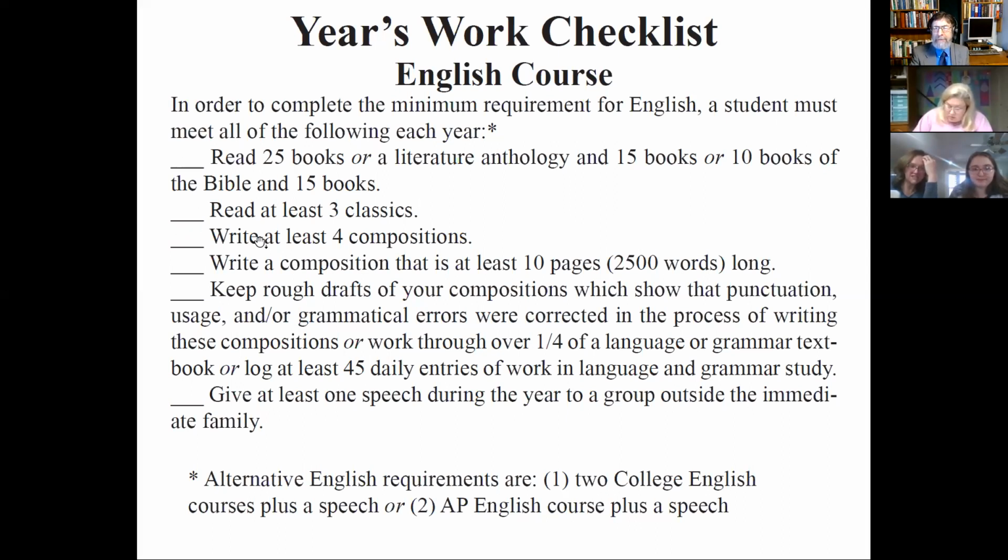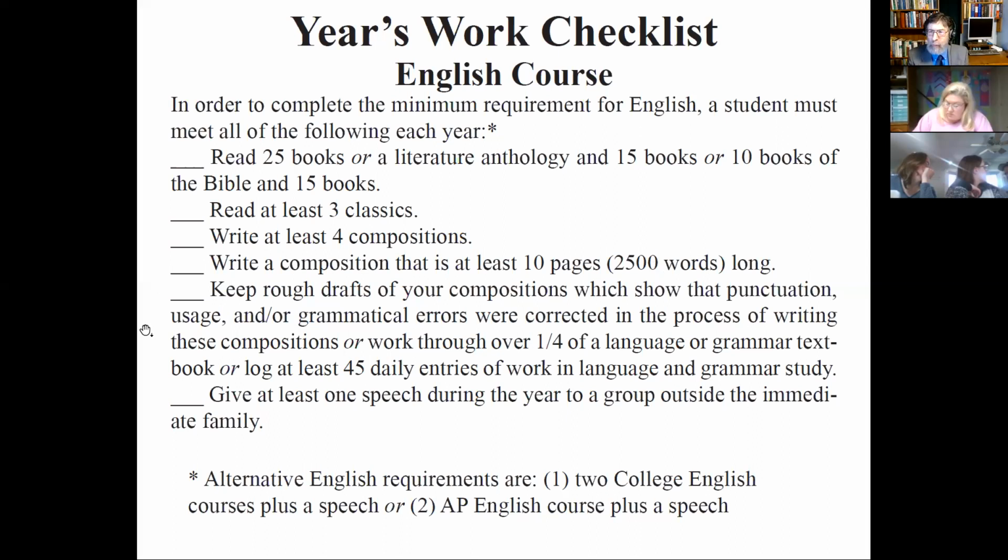That doesn't mean you have to write about every book you read. That's not the point. It's just that you should read those books. But for the compositions, you should have at least 4 of them in your portfolio, and one of them has to be about 2,500 words, which turns out to be about 9 or 10 pages in normal font.